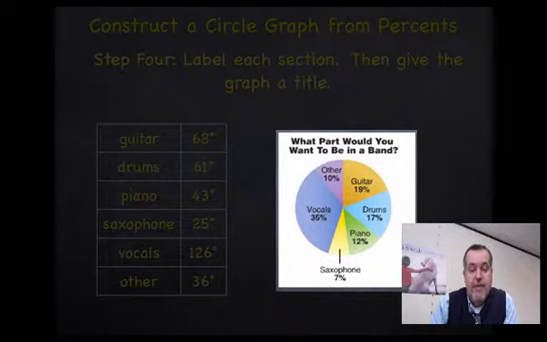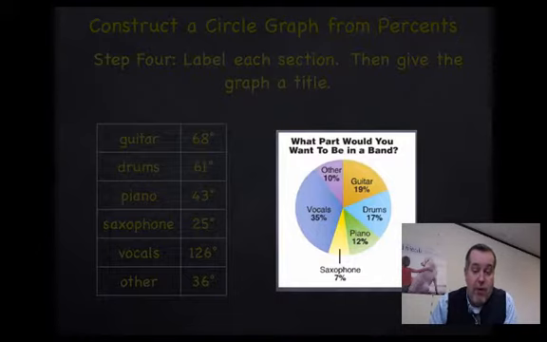And you'll notice here that in this properly labeled piece, we have the different instruments as well as vocals and other labeled in our circle graph. But notice saxophone. Saxophone's kind of a long word, and you're not going to fit it in that section of the graph. So they've written it on the outside and drawn a line to the section of the graph that represents it.